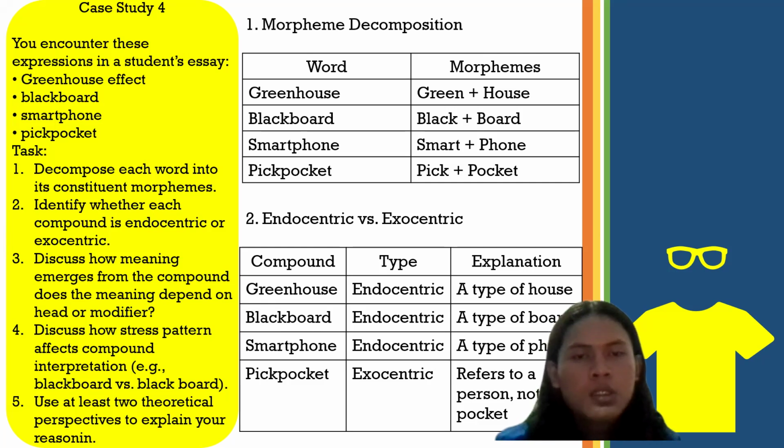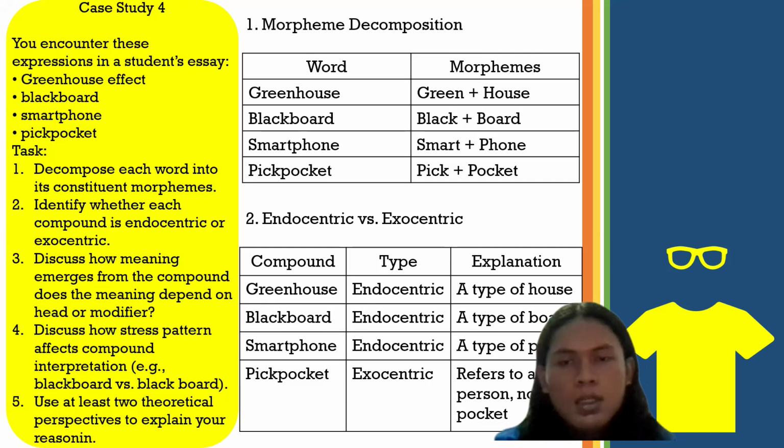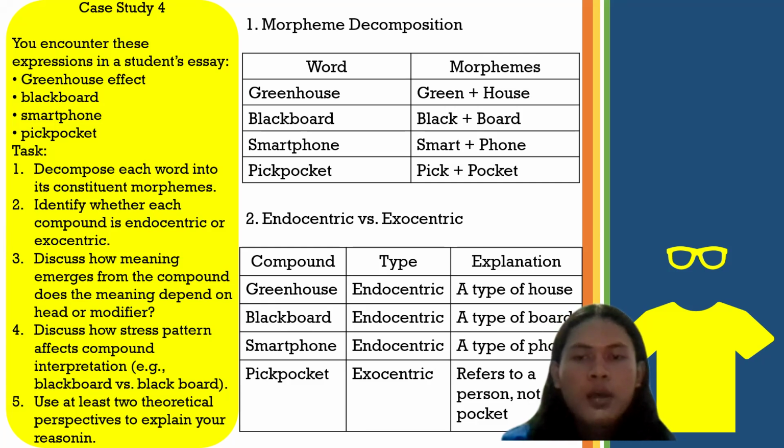Next, two is endocentric versus exocentric. The first compound is greenhouse. The type is endocentric, and the explanation is a type of house. The next compound is blackboard. The type is endocentric, and the explanation is a type of board.